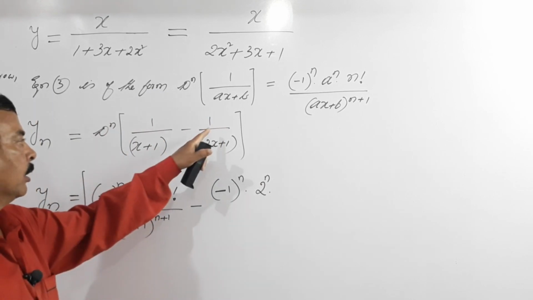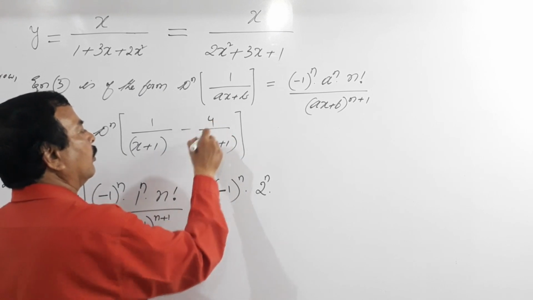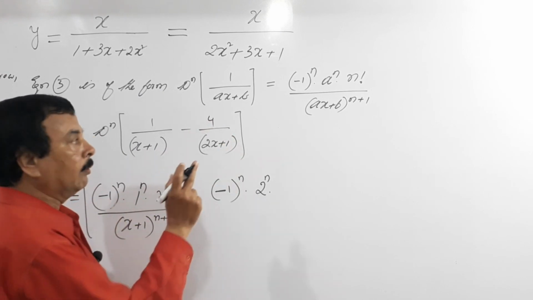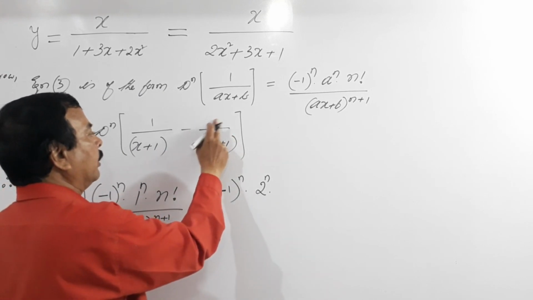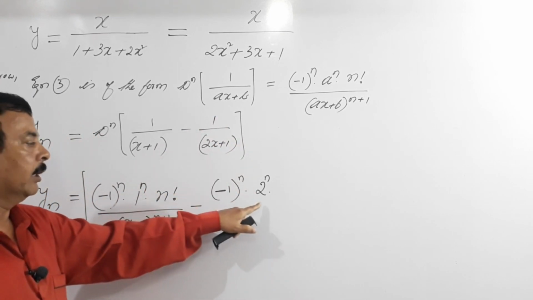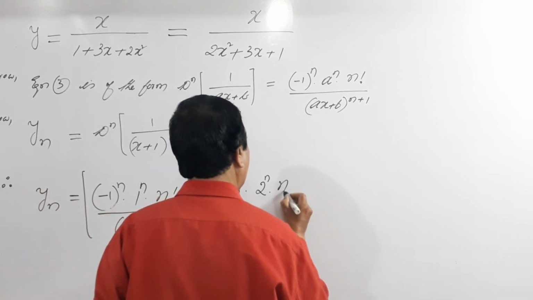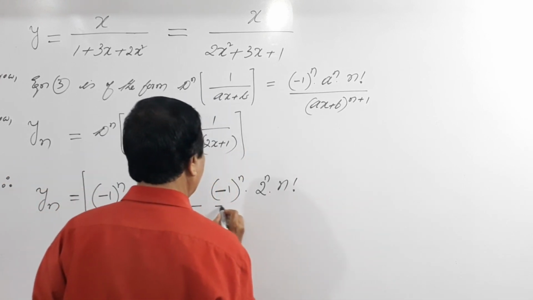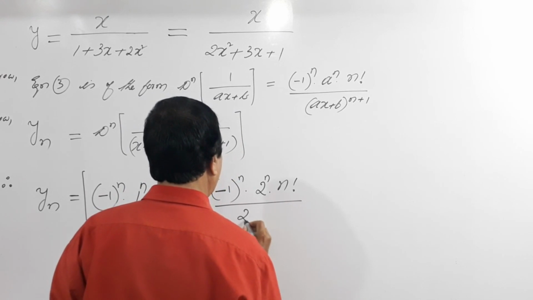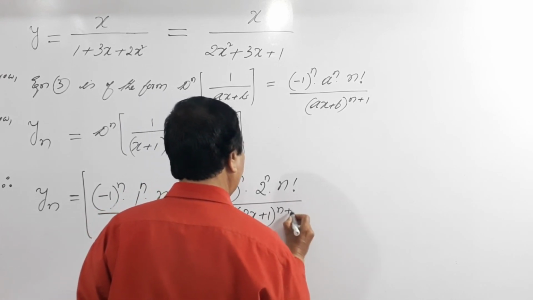Remember this, don't write whatever value, even if you had here 4, don't write 4 to the power of n, you will be wrong. Whatever you have, that value you have to take. Coefficient of x, whatever you get, that should be the value here, into n factorial divided by 2x plus 1 whole to the power of n plus 1.